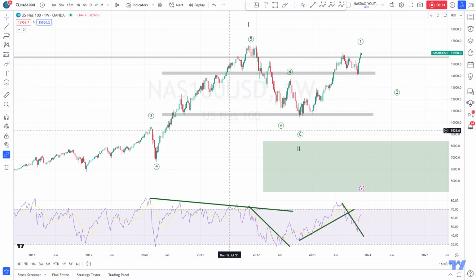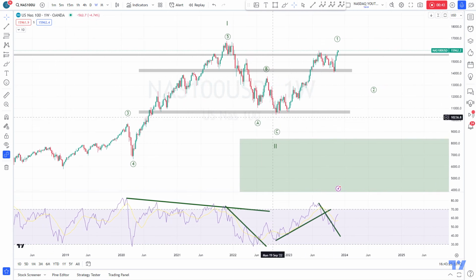My take on the NASDAQ is, here we are looking at a weekly chart, that we made a wave one right here, a wave one in the higher degree that ended with an all-time high. And from there, we went down, probably a wave two correction, which finished here.